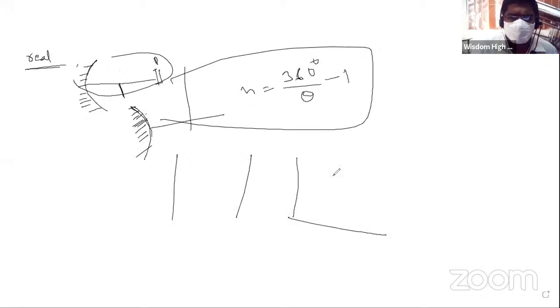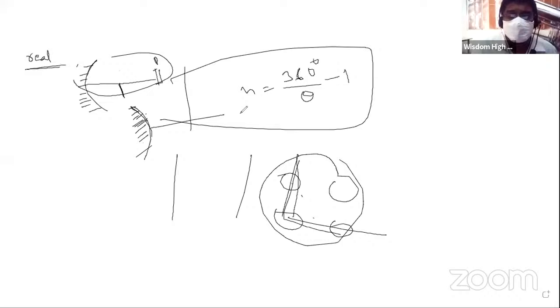When we place an object in front of these two mirrors, how many images are forming? One image forms here, one more image forms here, and in the middle one more image forms. How can we calculate how many images? By using the formula n equals 360 by theta minus 1. Now we have to discuss problems.